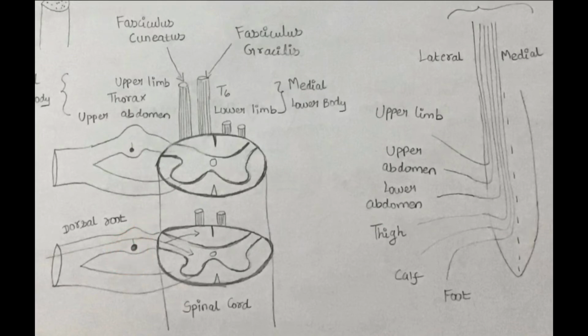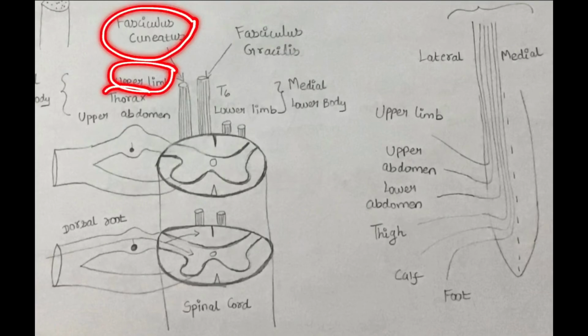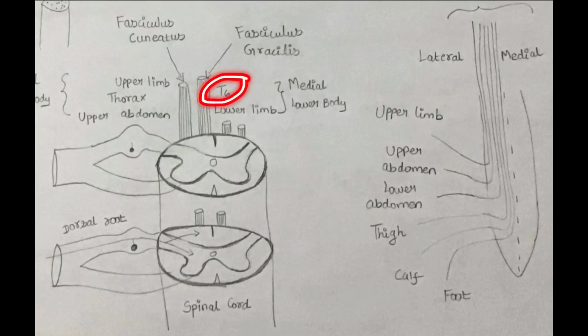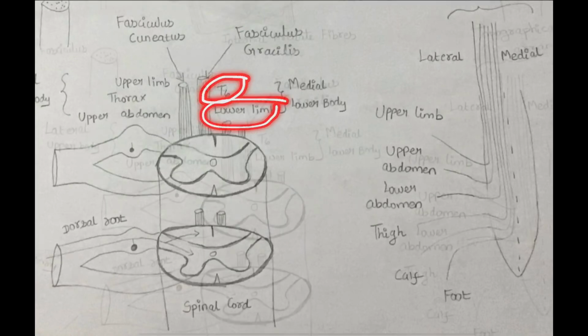This fasciculus cuneatus receives the sensory nerve fibers from the upper limb, thorax and upper abdomen, and this fasciculus gracilis receives the sensory nerve fibers from the medial and lower body, that is from the T6 vertebrae and the lower limbs.